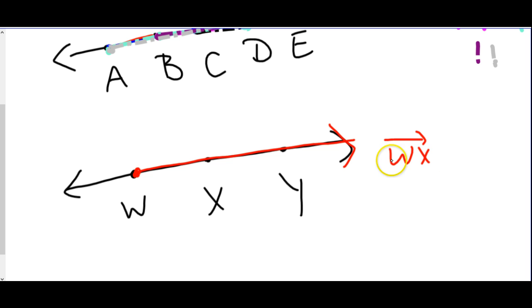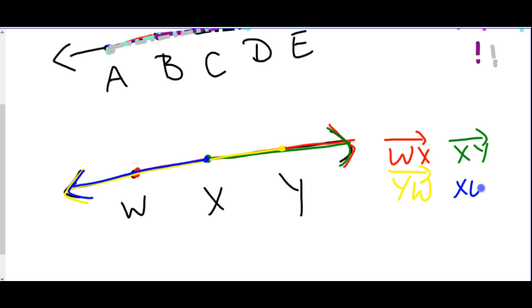So we'd have ray WX, or I could start at X itself, so ray XY. Or I could go in the other direction. I could start at Y and go to the left, so ray YW. Or I could have named that ray YX. That would also work. Or I could start at X and go to the left, and that would be ray XW.